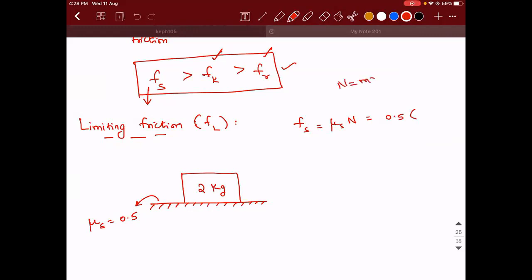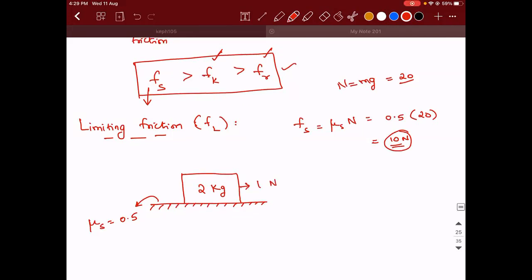So N will be equal to mg, that will be 20. So if I take it as 20, then I'll get the answer as 10 Newton. This is the amount of frictional force the surface can offer. Correct? Now tell me, guys, if I apply a force of 1 Newton, will this object move?